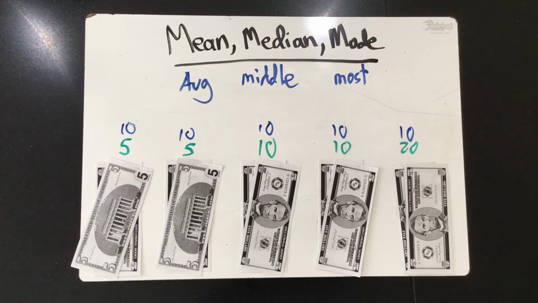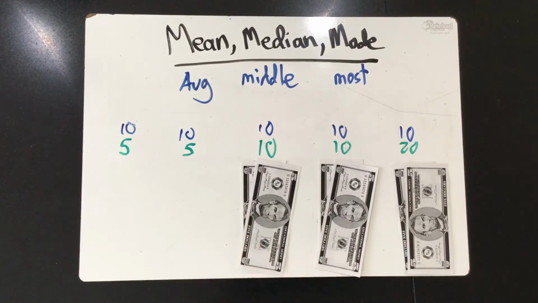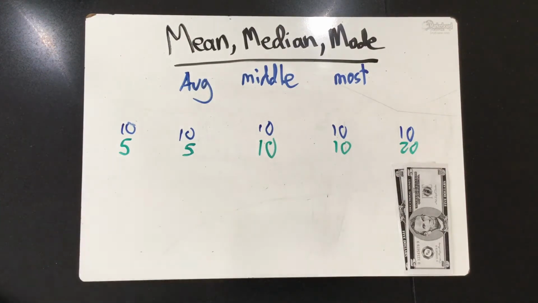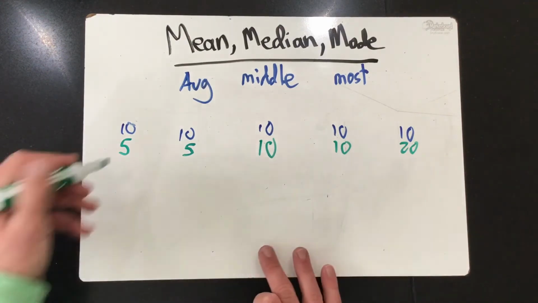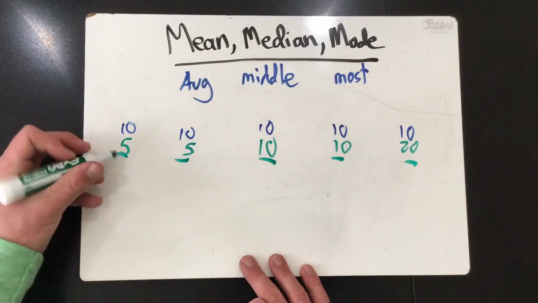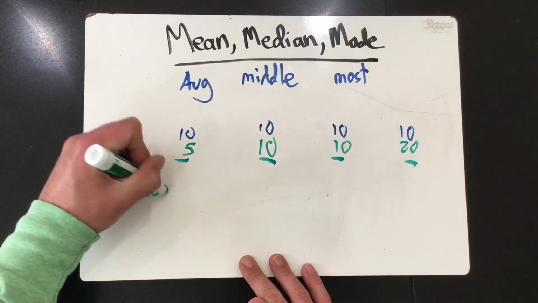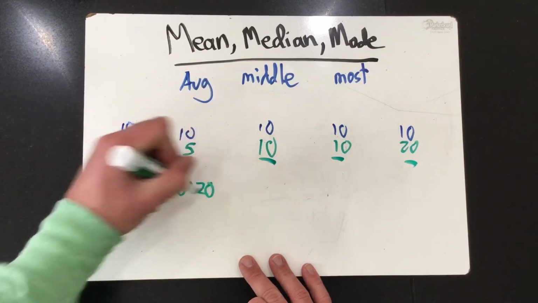Now, how do we figure that out mathematically? Mathematically, we take their original values. I'm now going to remove the toy money, and we're going to crunch numbers. That's the green numbers here. Let's calculate the average. For that, I add everything up: 5 plus 5 plus 10 plus 10 plus 20.